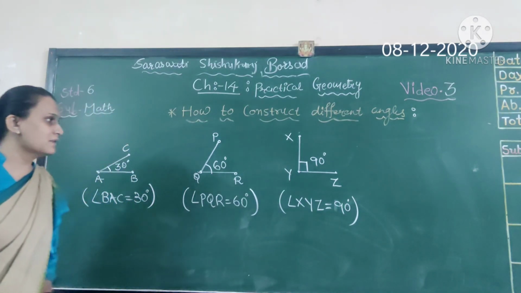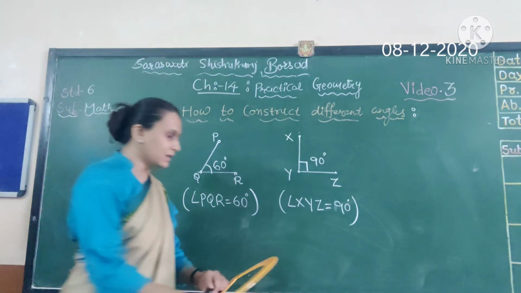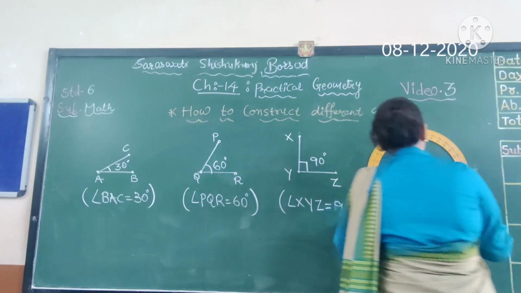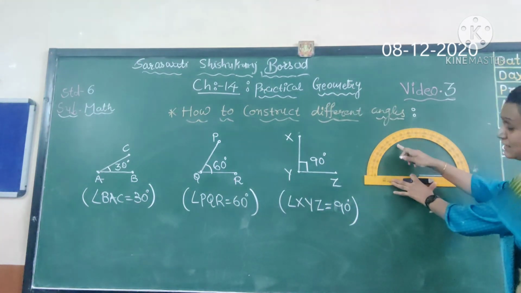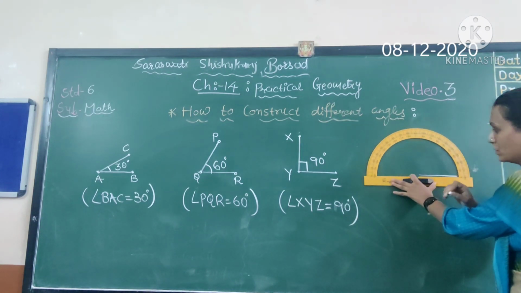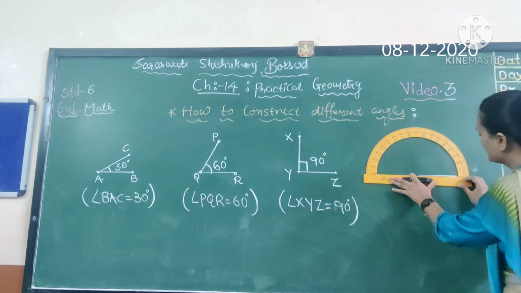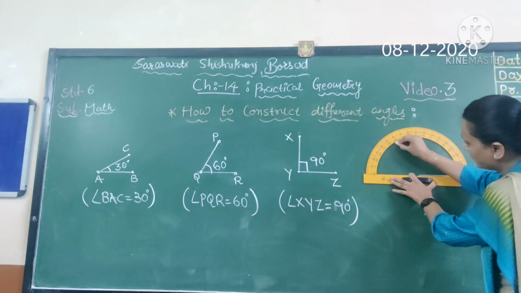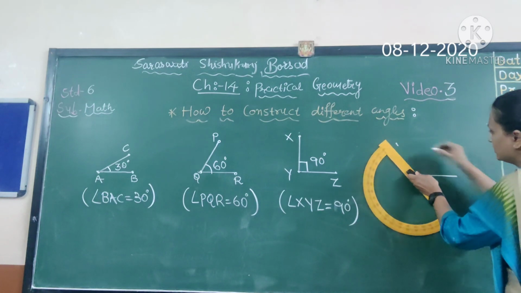Okay. Now same way if you want to draw 120 degrees, again we have to draw a straight line. Now you can see 120 degrees here because we are constructing from the right hand side. Okay. So 120 degrees is greater than 90 degrees. So here 90 degree and here 120 degree. Now join both the lines.